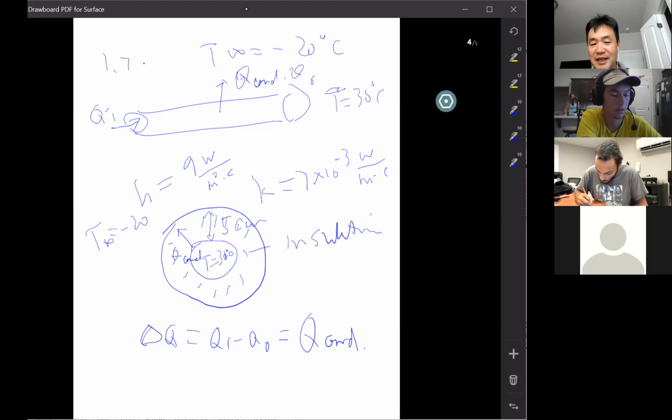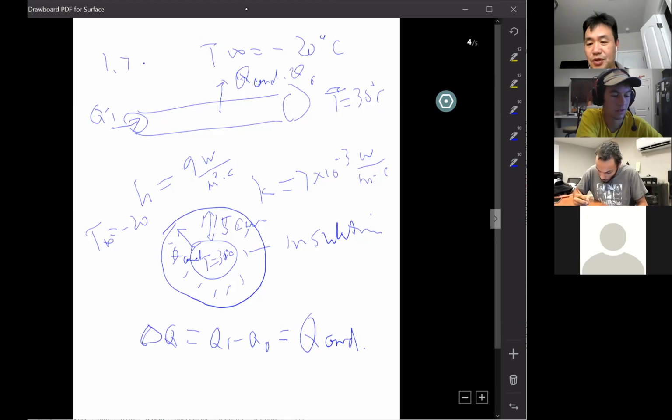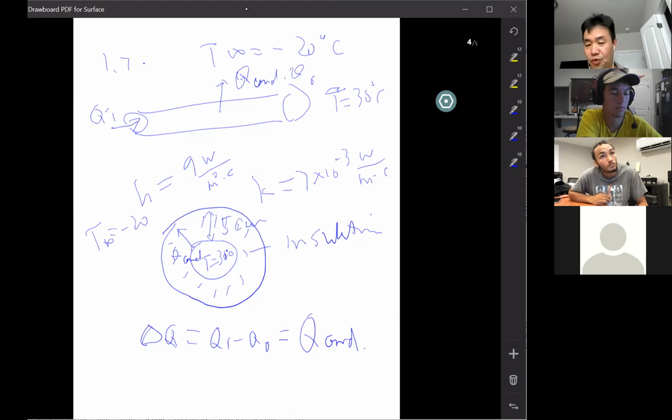In that example, you had the inner circle temperature as well as the temperature on the outer circle, so we could calculate the conduction heat transfer rate.